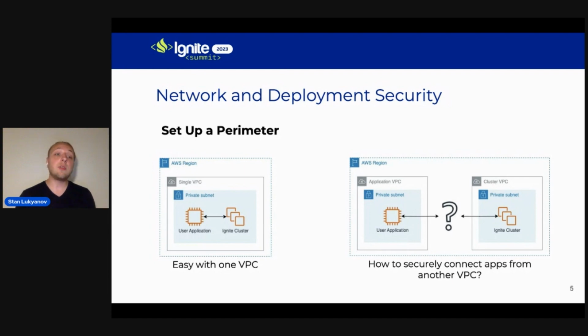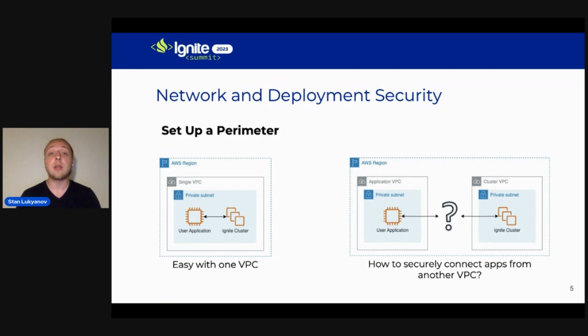One way or another, you will likely find yourself in a situation when you need to connect to an Ignite cluster running in a different VPC than your application. And this becomes a not that trivial task.